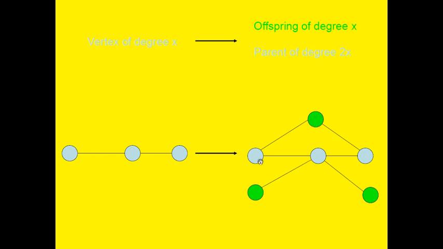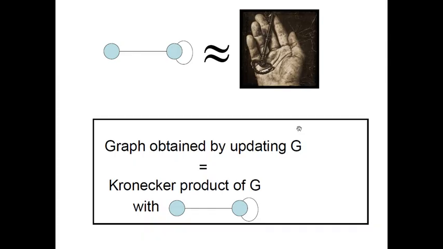So that offspring is going to have x connections, but the parent on the next time step is going to have 2x connections, because it's linked to all the things that it was linked to before, and all of those things have now also had an offspring, which it's still linked to. So mathematically, it's really quite easy to describe how the degree distribution of these systems evolves.